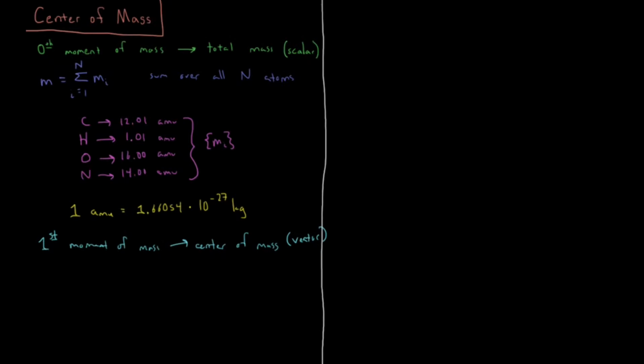We are primarily interested in 3-dimensional Cartesian coordinates, so we will have a 3-entry vector. So our center of mass is a vector which has 3 entries: the x-coordinate of the center of mass, the y-coordinate, and the z-coordinate. Makes sense, x, y, z.